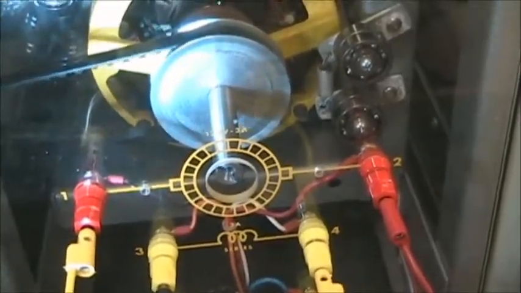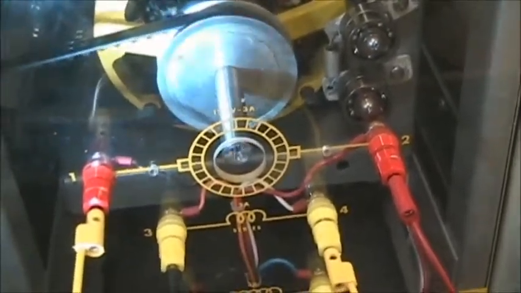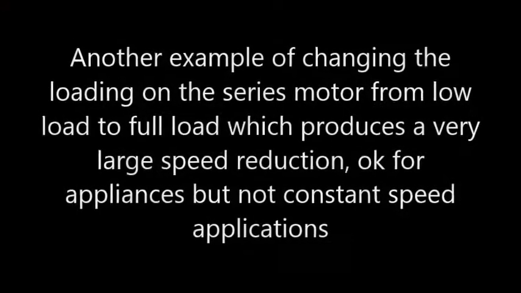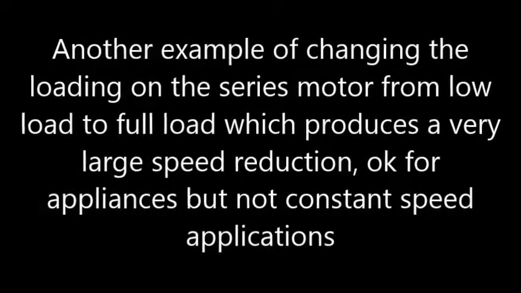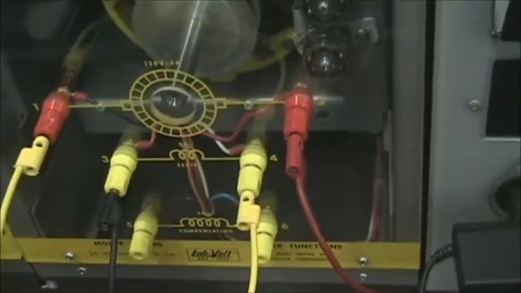I'm going to go to 2 foot-pounds. And you can hear dramatically how the series motor changes speed, much more than the shunt motor. So I want to give you the sense of the speed change on the series motor.